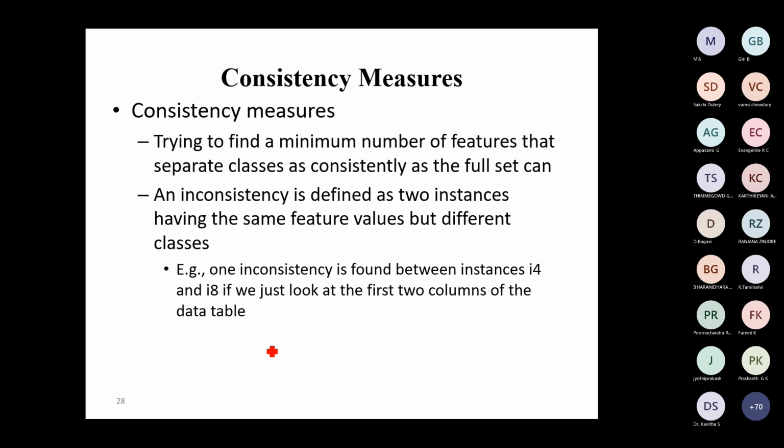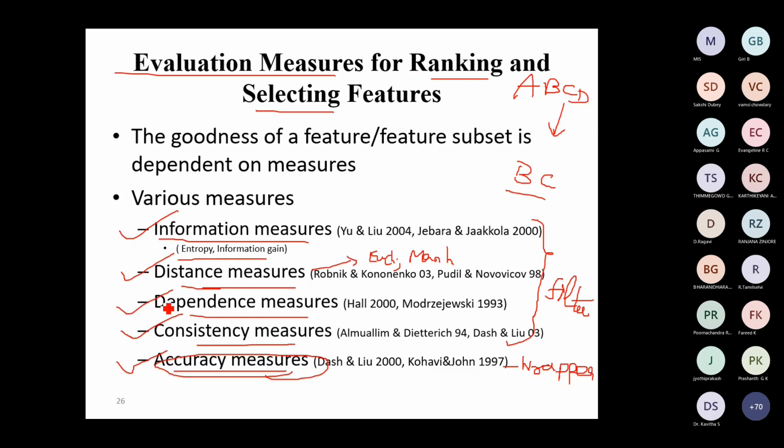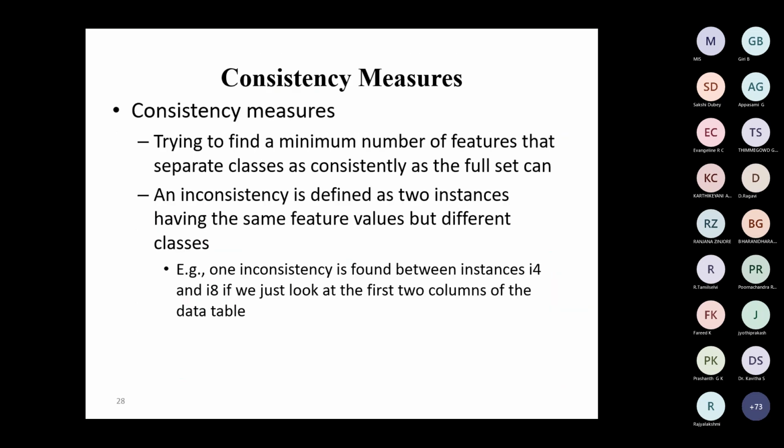So we know about information measure, that is entropy and information gain, and distance measures like Euclidean distance and Manhattan distance. Now the consistency measure: let us say we have some data, and there are several features we extracted for it.